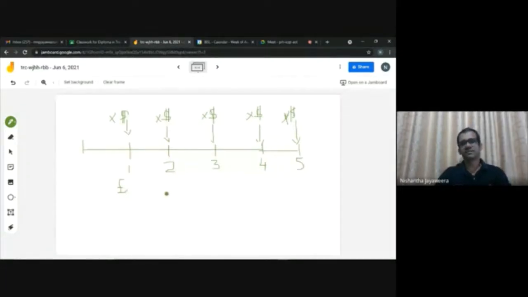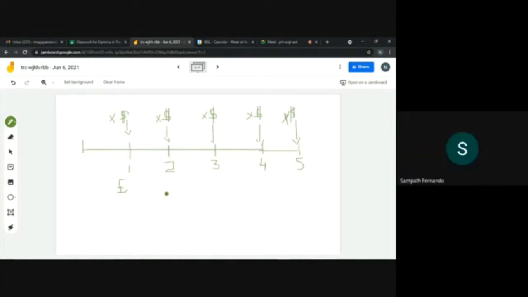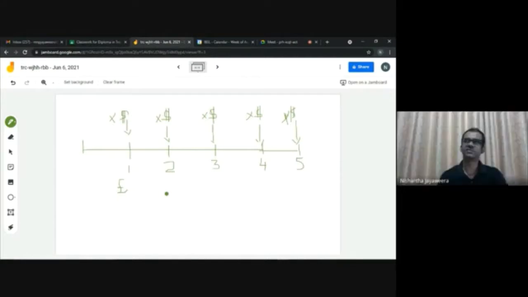What is the risk? Or is there any risk? Volatility. Volatility of what? Currency exchange rate.